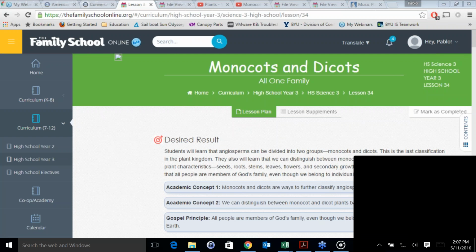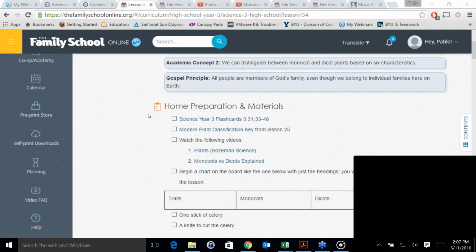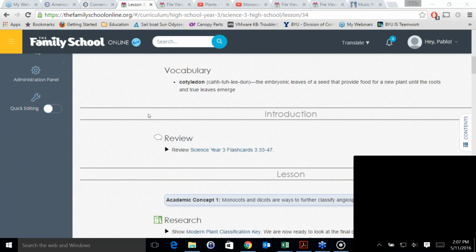So these words, monocots and dicots, are actually a shorthand for monocotyledon and dicotyledon.